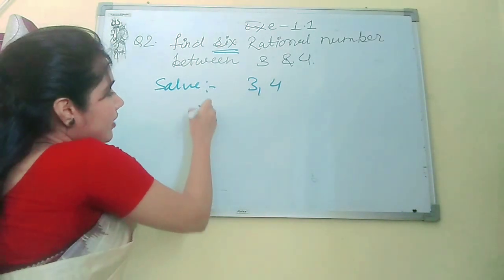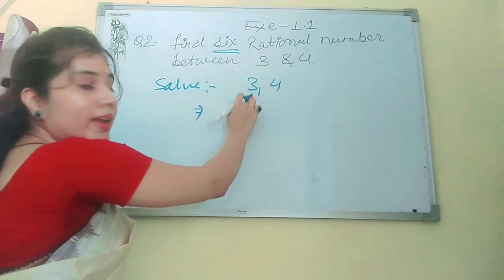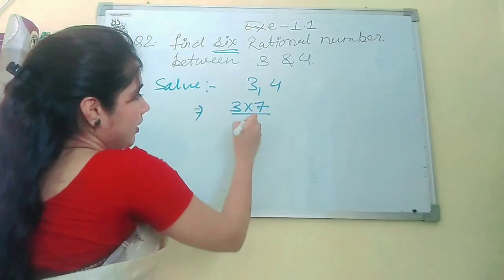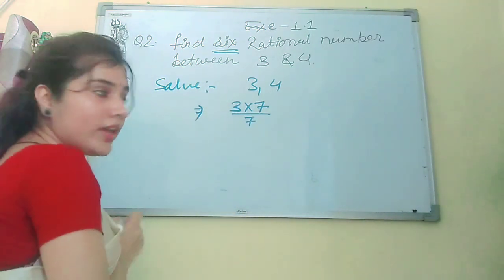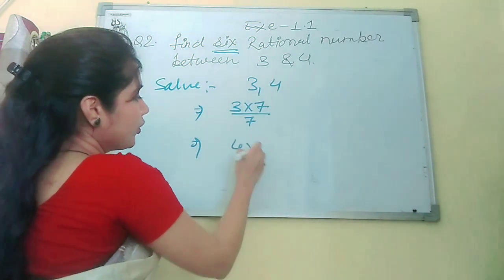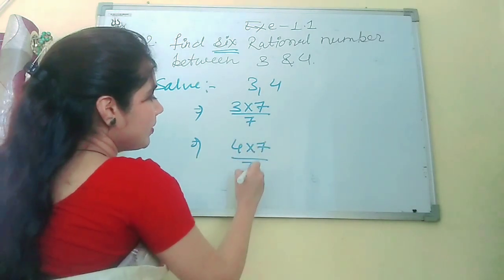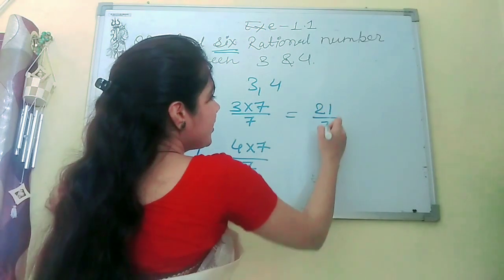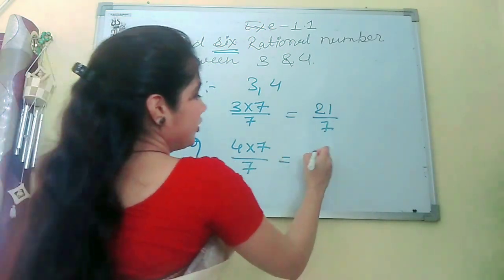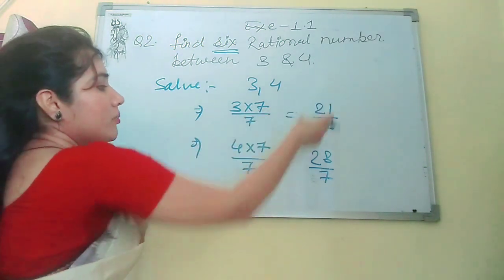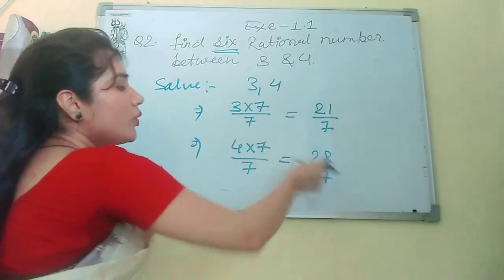With the 7, we multiply and divide 3. Same with the 4, 4 cross 7 divided by 7. What will we get? 21 by 7 and 28 by 7.